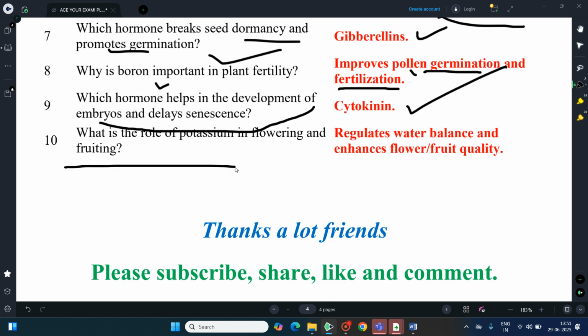What is the role of potassium in flowering and fruiting? It regulates water balance and enhances flower and fruit quality. That's all about the objective type of questions in plant reproduction.